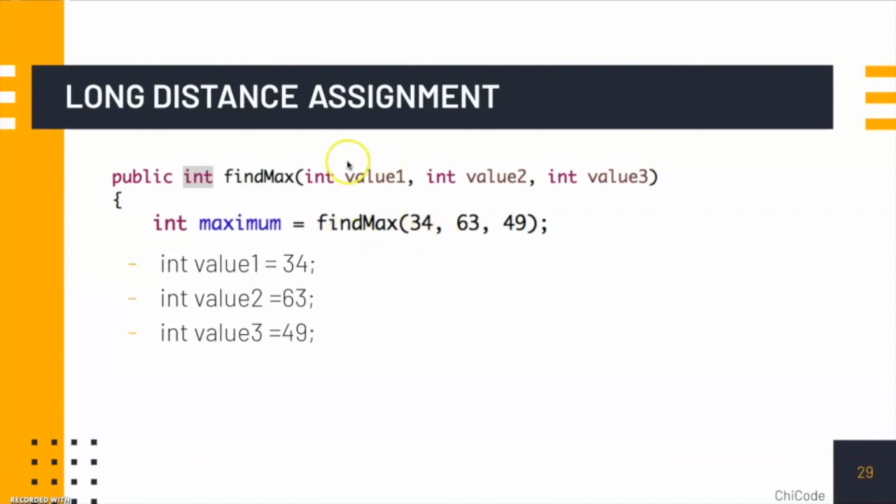Since this does not have an equal sign, like value 1 equal to 34, instead it has the method called and the parameters passed. This is called long distance assignment instead of normal assignment. Now this is just a concept that you should be aware of when you call methods.